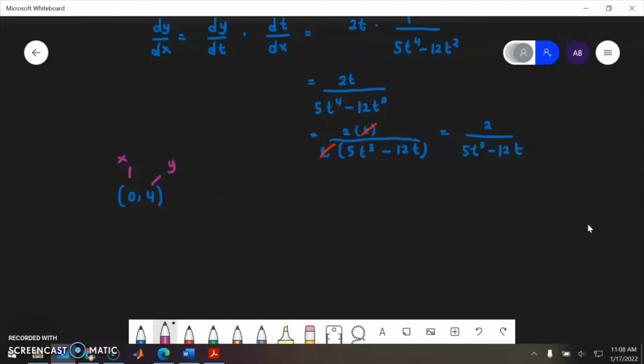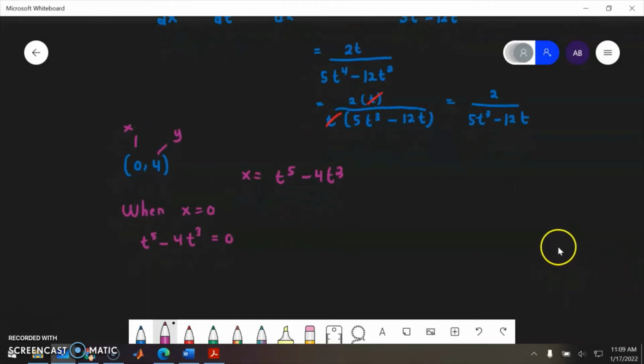Okay, so when x is 0, what do you have? I know the equation for my x, I'm just going to write it down. So when x is 0, I have t to the power 5 minus 4t cubed equals 0. It seems like I can factor out t cubed.